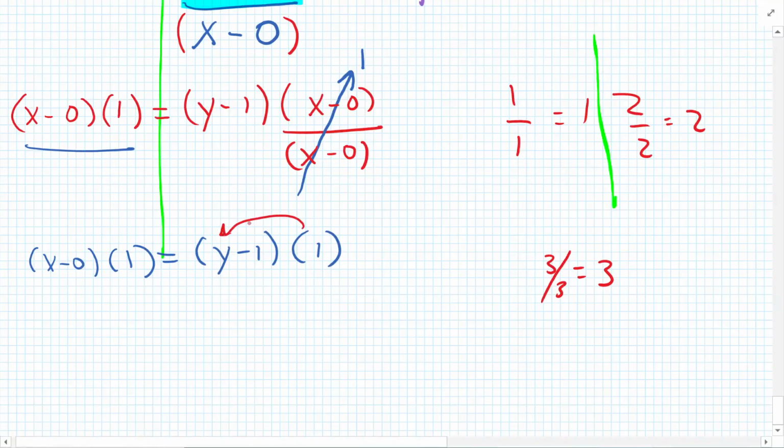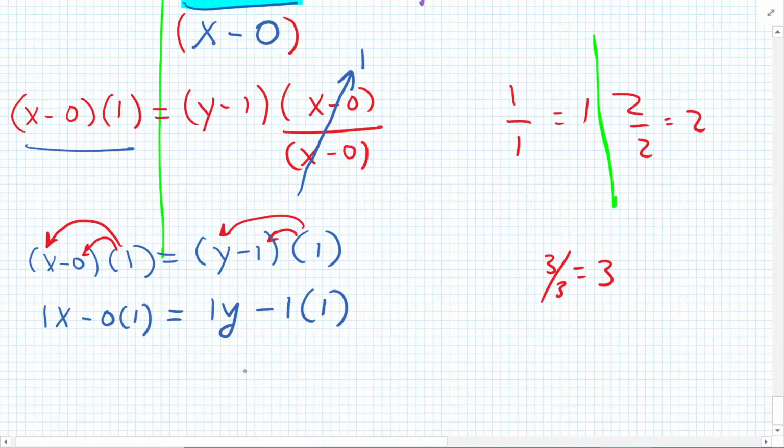Multiplying 1 in and 1 in to our grouping symbol yields 1 times x is 1x minus 0 times 1 equals 1 times y is 1y minus 1 times 1.